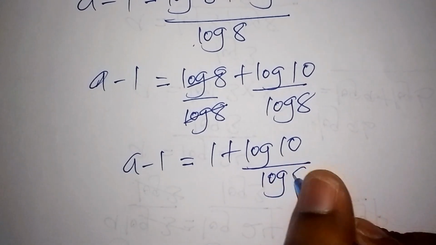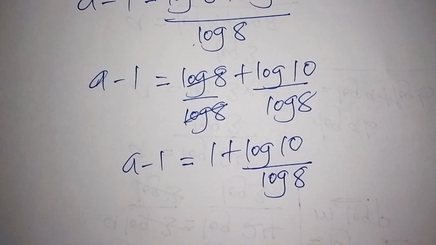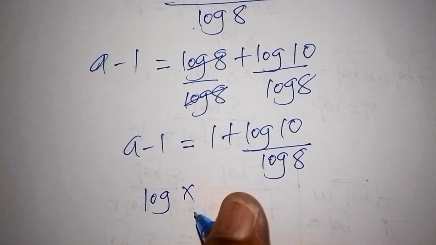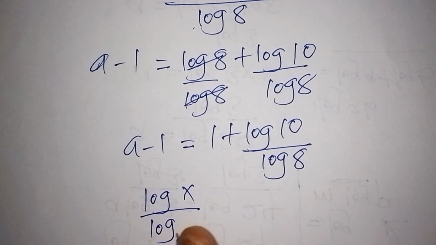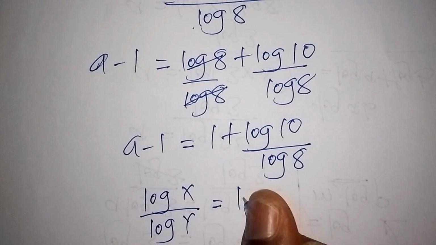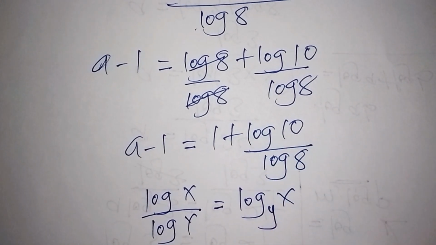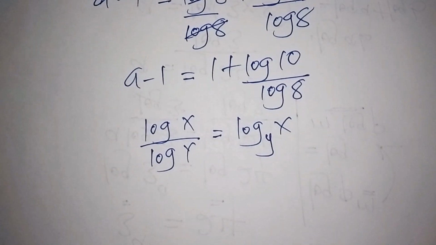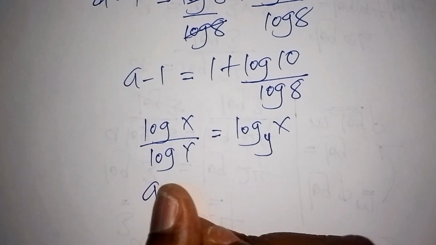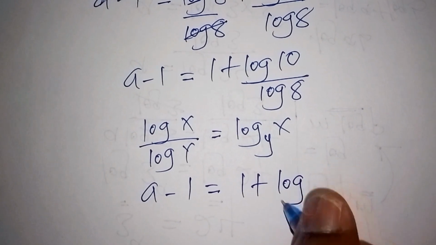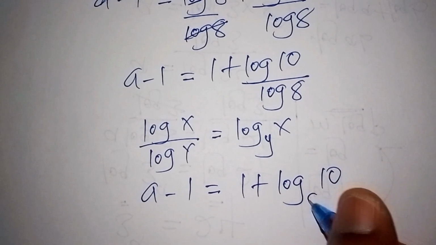So from here, assume we have the log of x all over the log of y. This can also be written as the log of x to the base of y. So when we write this equation, we shall have a minus 1 is equal to 1 plus the log of 10 to the base of 8.